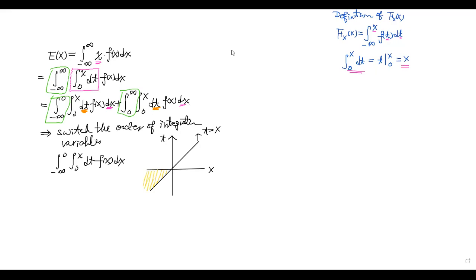If the integration region is this area, now I'm going to change to f of x dx dt. In this area, from the x direction, x goes from what to the t?